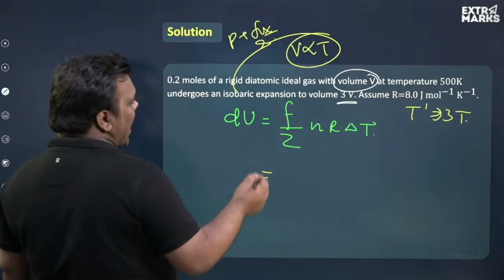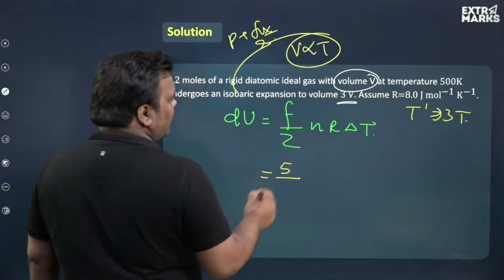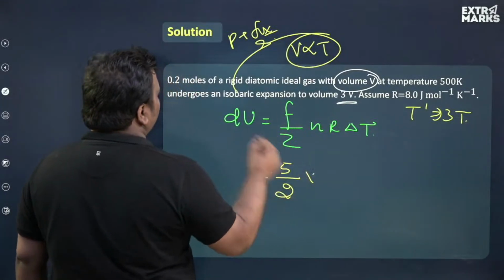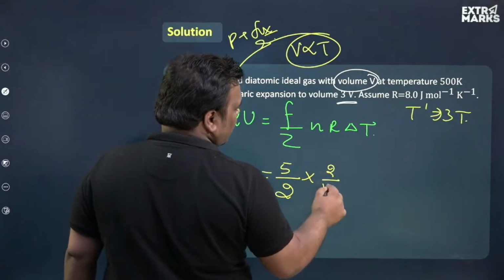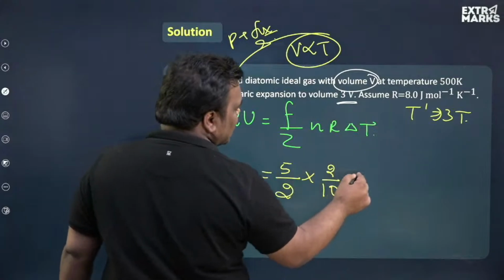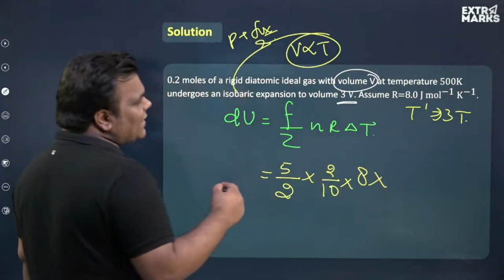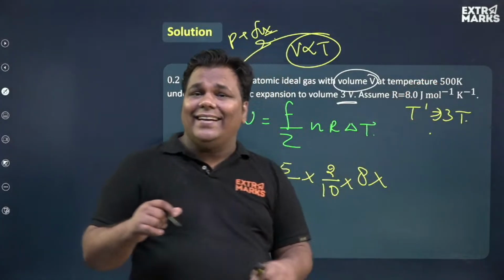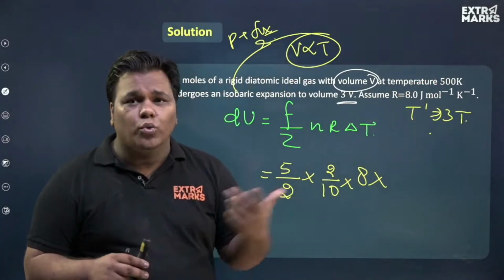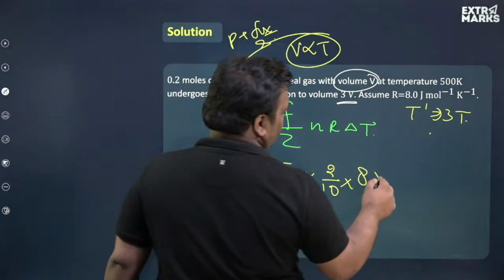Diatomic gas, F must be 5 divided by 2. 0.2 moles, that means you can say 2 by 10. R, value of R is given as 8. Delta T, initial is T, final is 3T, so the change in temperature is 2T, that means 1000.